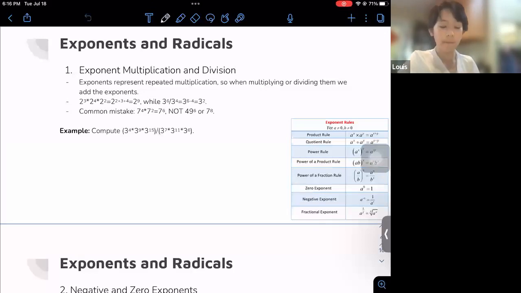Okay, so for this problem, does anyone want to share their solutions?